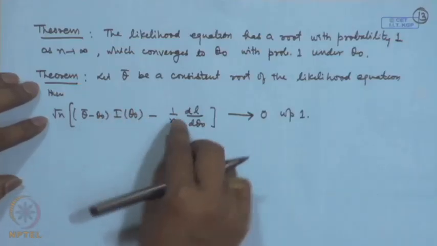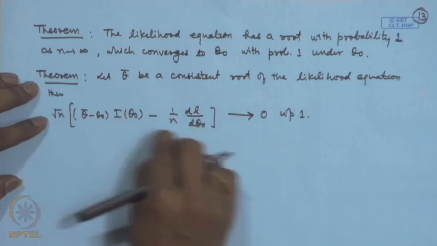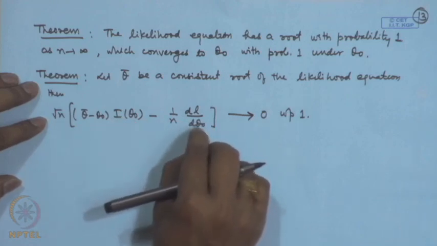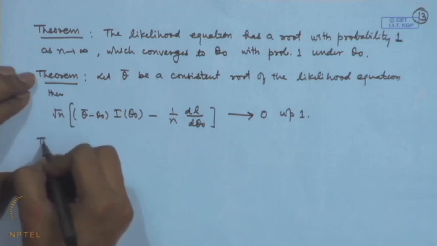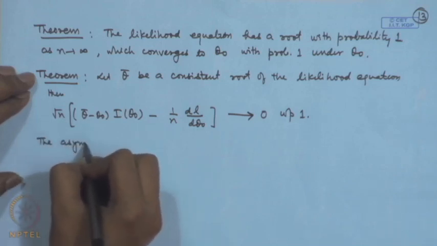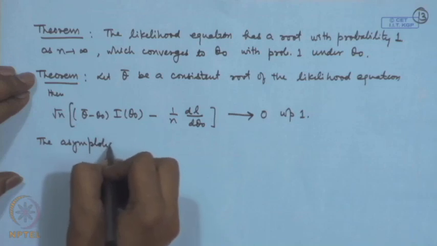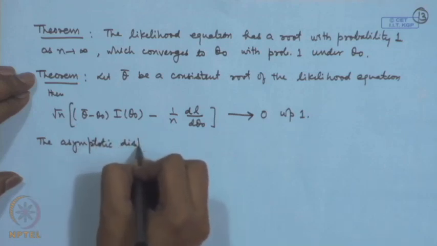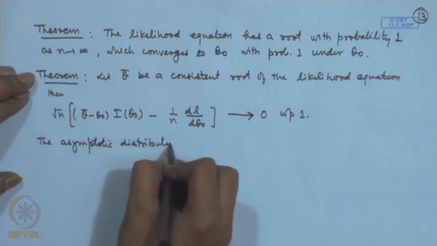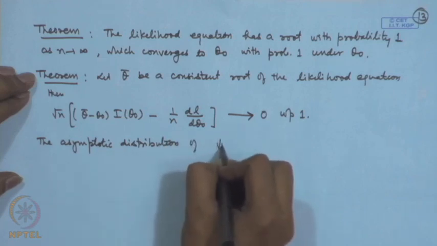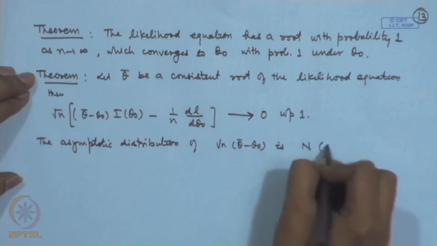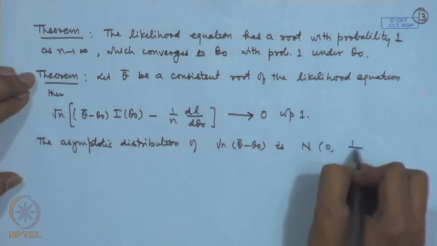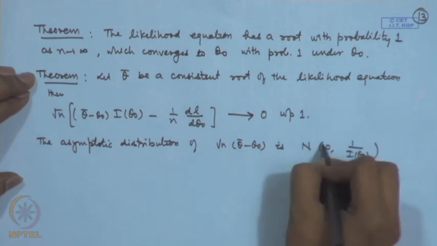See, if you take it to this side, 1 by n dL by d theta naught divided by I(theta naught), and the asymptotic distribution of root n (theta bar minus theta naught) is normal 0, 1 by I(theta naught).